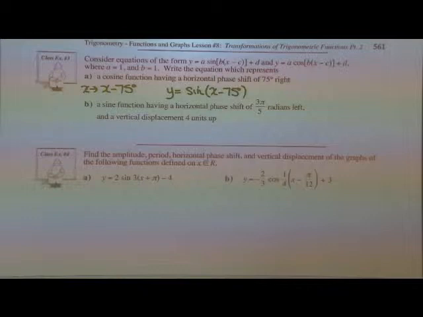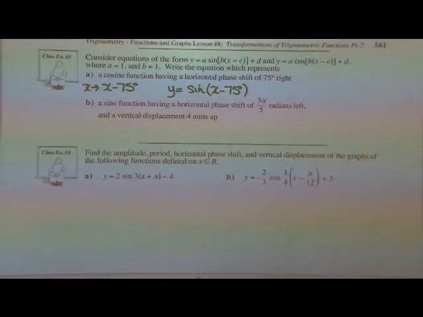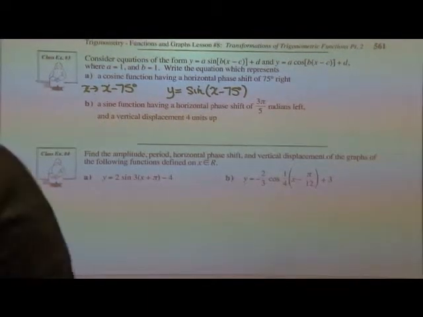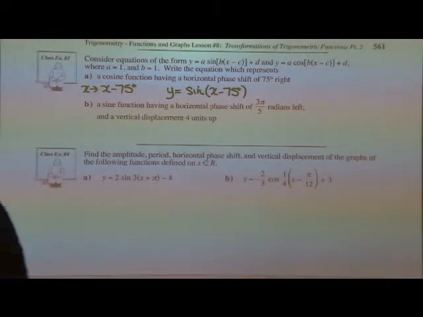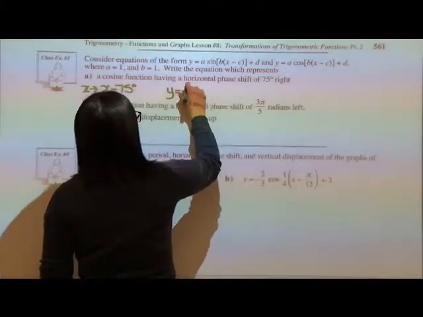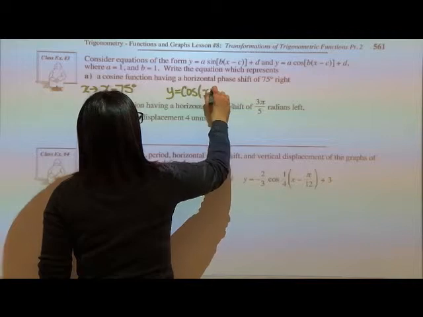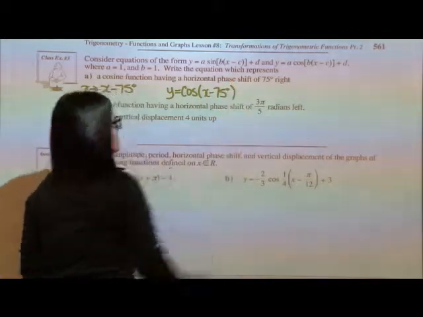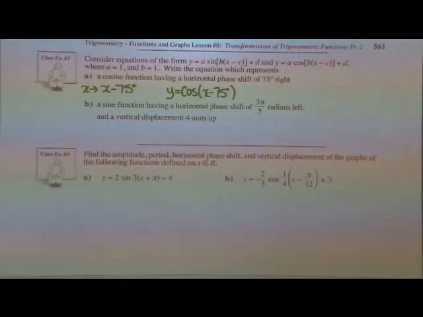So I'm going to give you a moment, and I want you to try to do b. Yeah, that should be cosine x minus 75, not sine. Okay, now try to do b.